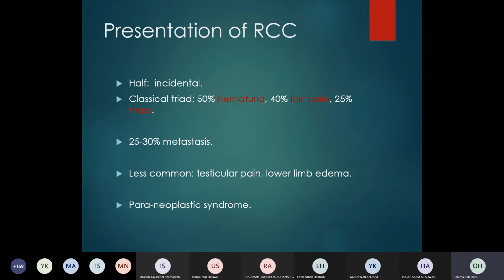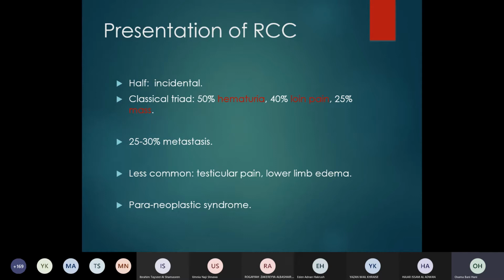Less than 20% or 25%, a quarter of the patients, present with the classical triad, which is hematuria, pain, and mass. As you look at the slides, there are different incidence rates. Hematuria is the most common of these. Hematuria, loin pain, and mass.